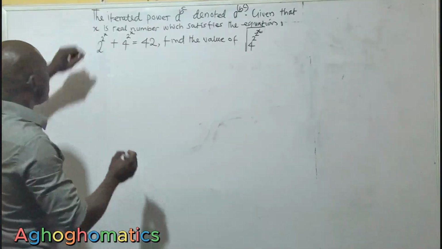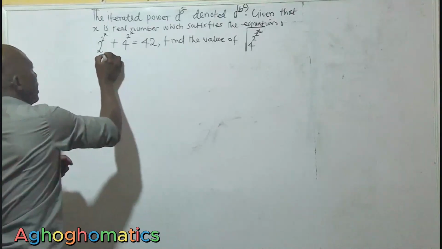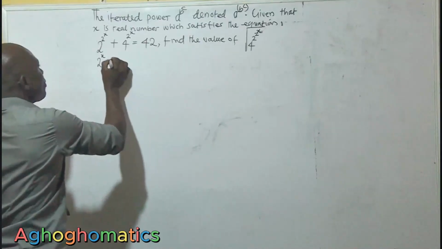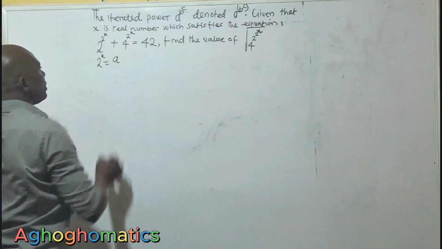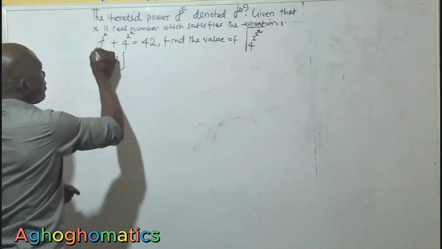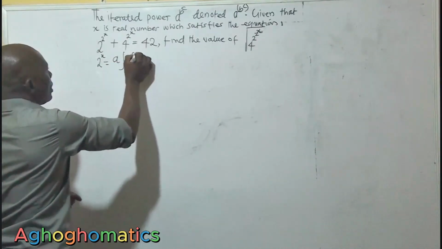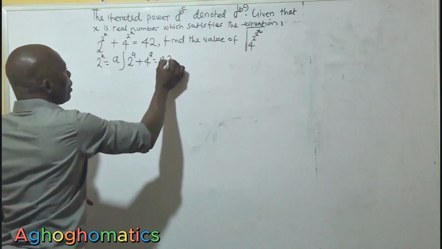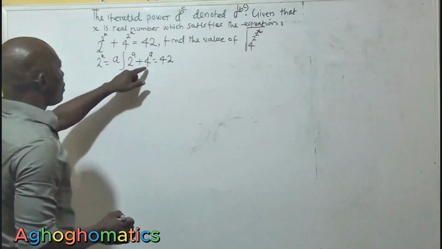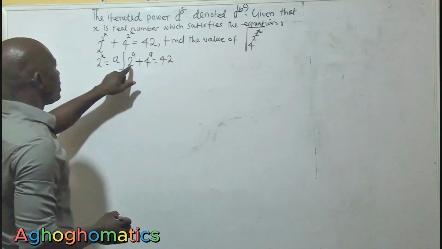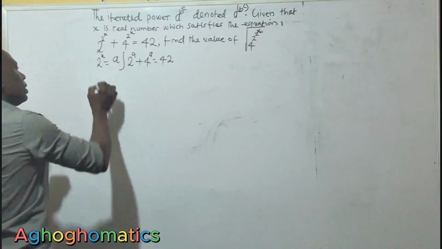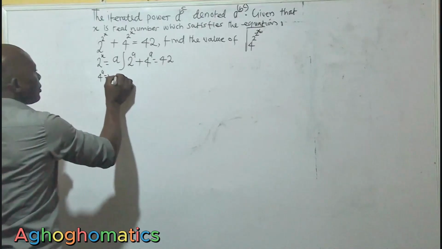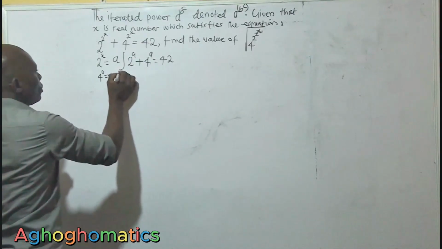Now, if you look at this expression here, we have a 2 raised power x. If we are to move forward, first of all, we let 2 raised power x be a, so that this equation becomes 2 raised power a plus 4 raised to power a is equal to 42. But we can also express 4 raised power a as 2 raised power 2a.